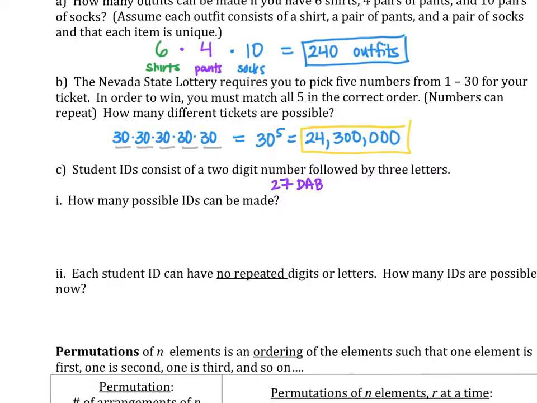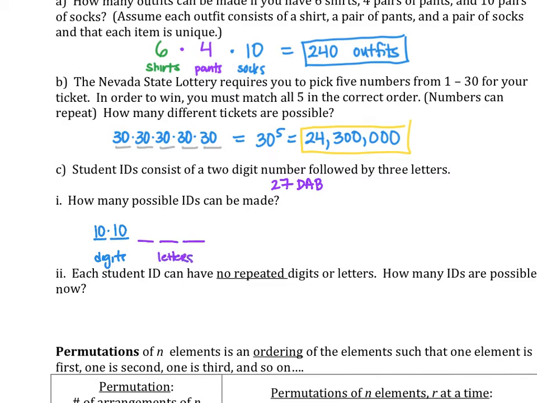The first 2 spots have to be digits. So how many possible digits could there be in the first spot? There could be 1, 2, 3, 4, 5, 6, 7, 8, 9, or there could be a 0, so there's actually 10 digits. There's also 10 possible digits for the second spot. It doesn't say the digits cannot repeat. Now for the next 3 spots, they're going to be letters.